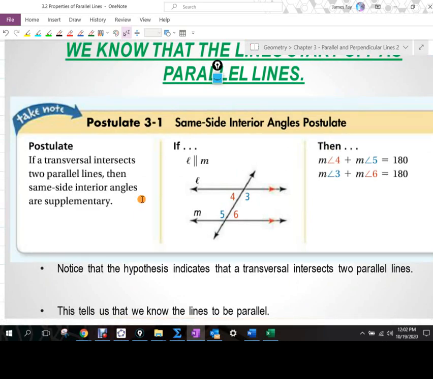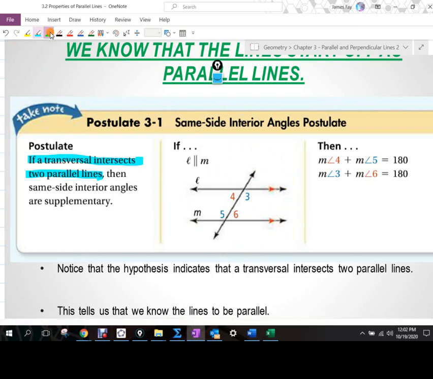I want you to know that when we look at same side interior angles, it says if a transversal intersects 2 parallel lines. Remember with our if-then statements, that has to be happening in front of you. If that is not happening, we cannot get to the conclusion, right? Does that make sense? So that has to be occurring in front of you. And in our picture, that is occurring. We've got 2 lines that are parallel.